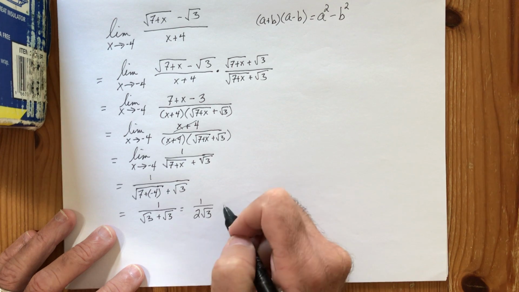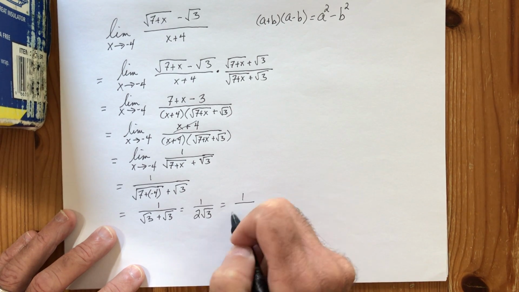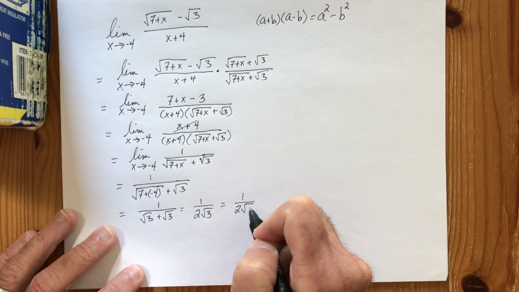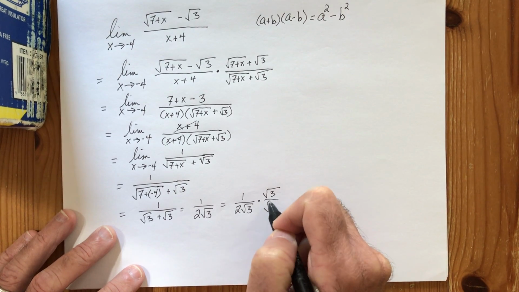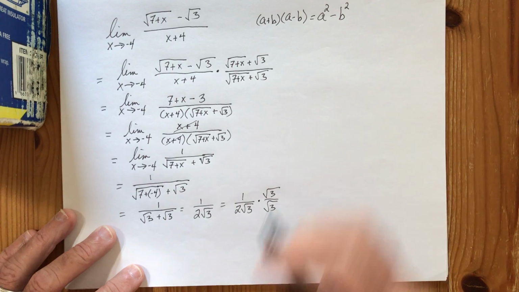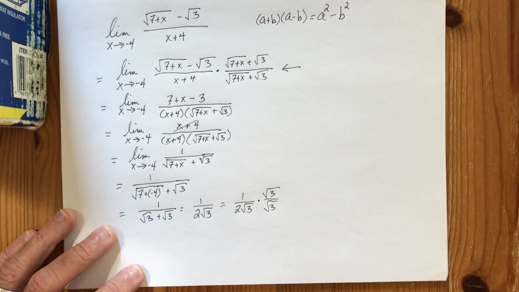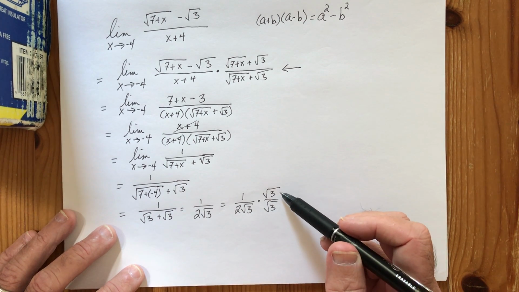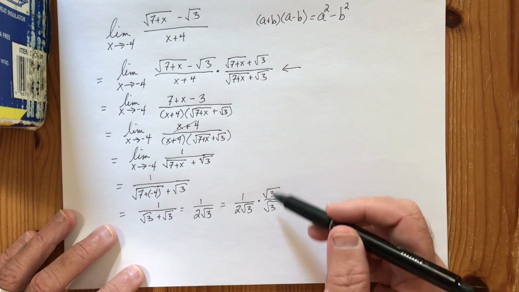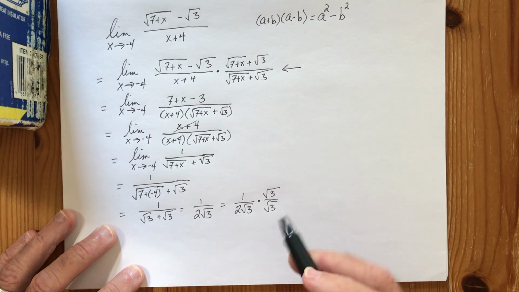We can leave it like that, or we can go on and rationalize by multiplying by the square root of 3 over the square root of 3. And by the way, rationalization is what we did up here as well. Right? Multiplying by the conjugate with the roots like that is a form of rationalization. So we're rationalizing here as well by multiplying by 1 again, but the form of 1 is root 3 over root 3.